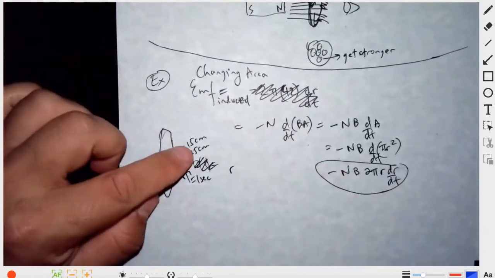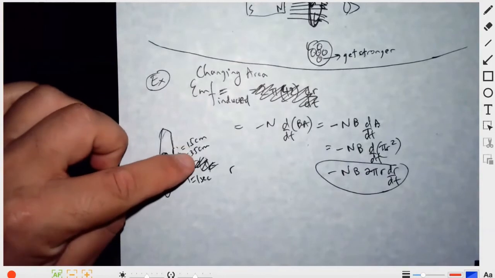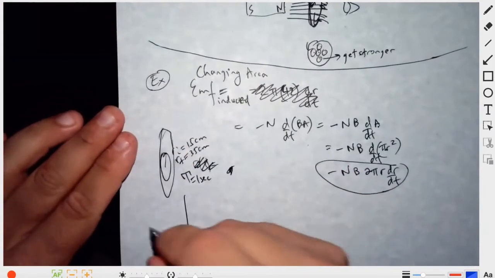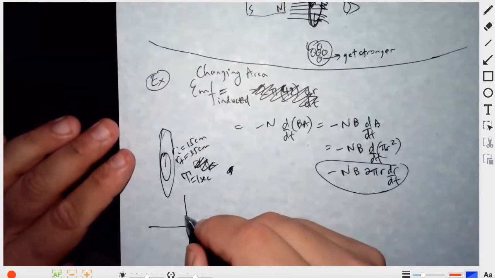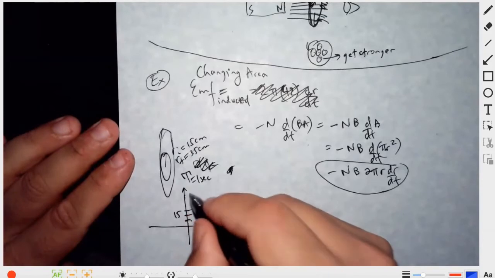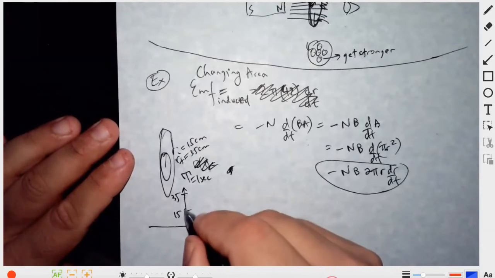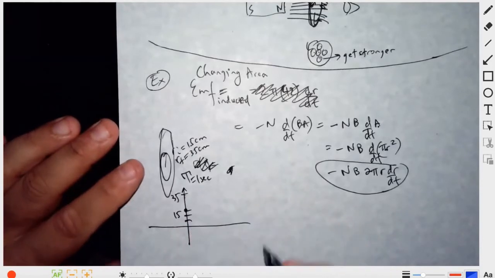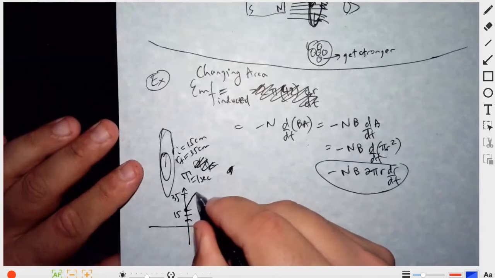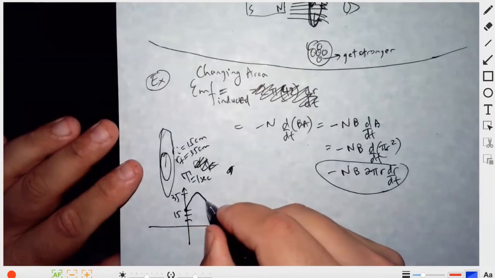R starts at 15, goes to 35, comes back. It's almost like this kind of function. 15 all the way to 35, and it repeats every 1 second. So like this kind of up, down.